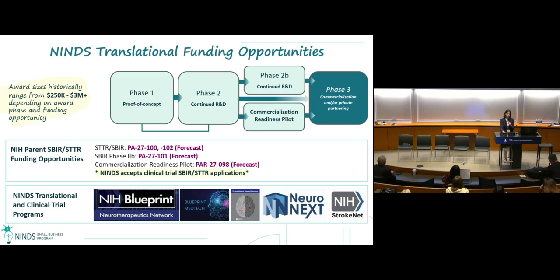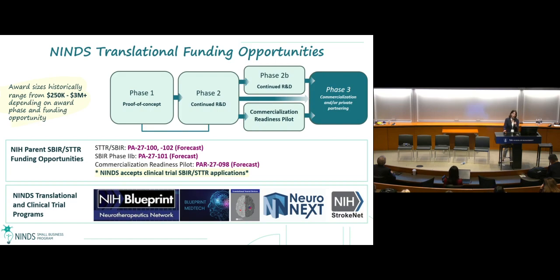Stephanie went through the different phases of SBIR funding, and NINDS does participate in these later stages, such as Phase 2B and the commercialization readiness pilot. As Stephanie mentioned, institutes have certain waiver topics where we can exceed the maximum award amounts recommended by the SBA.